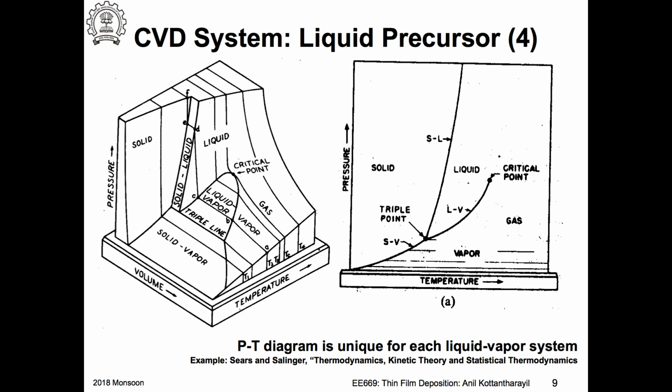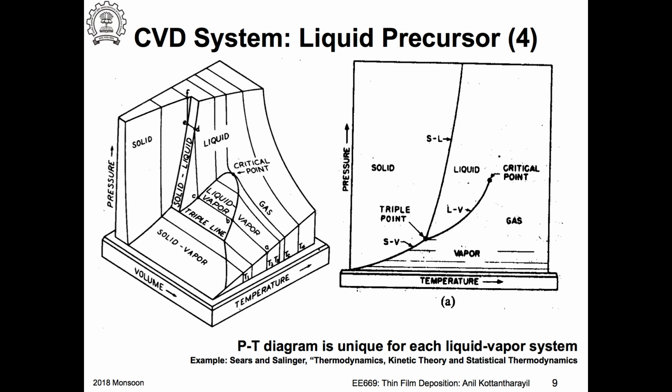You also have vaporization of the solid depending on the pressure. This is called the triple point, where you have all three. Then you have the critical point, where you cannot distinguish between the liquid and the gas. Beyond this point, it's called a supercritical fluid.